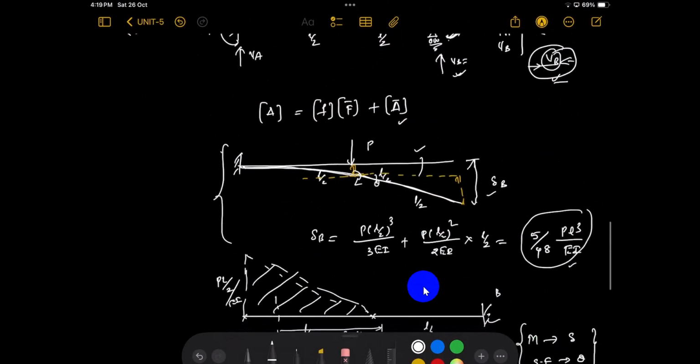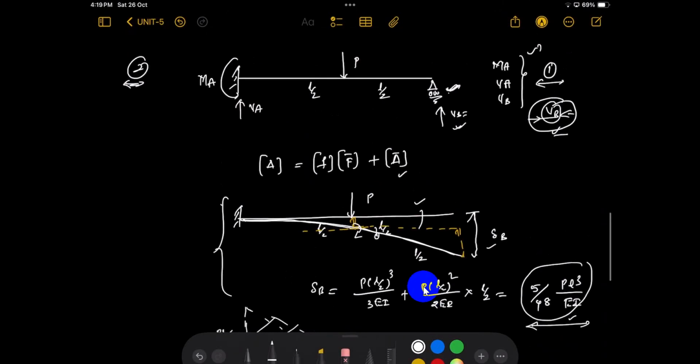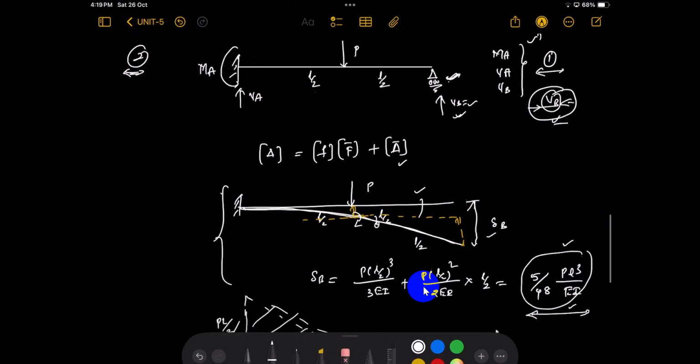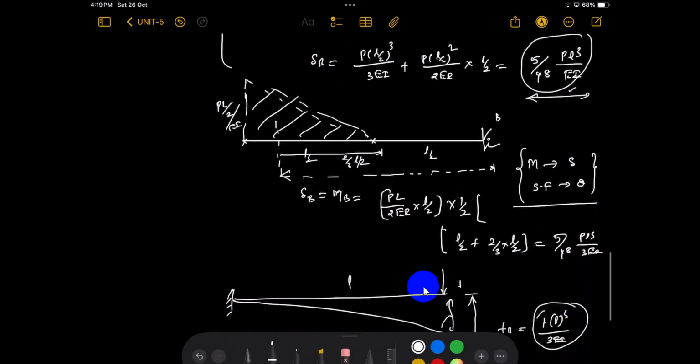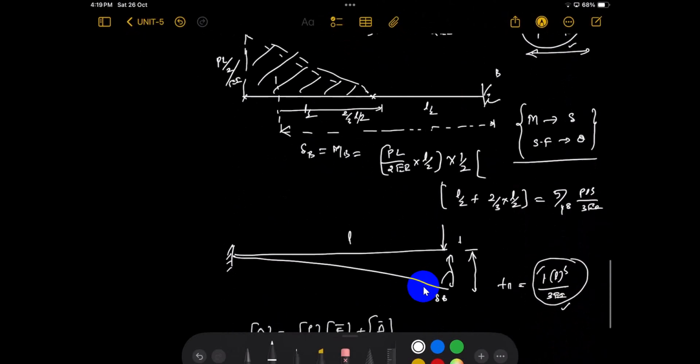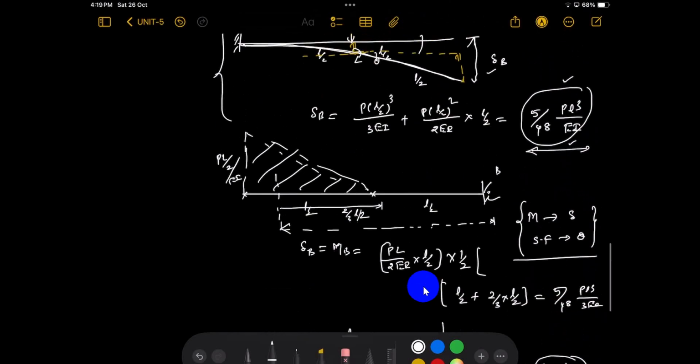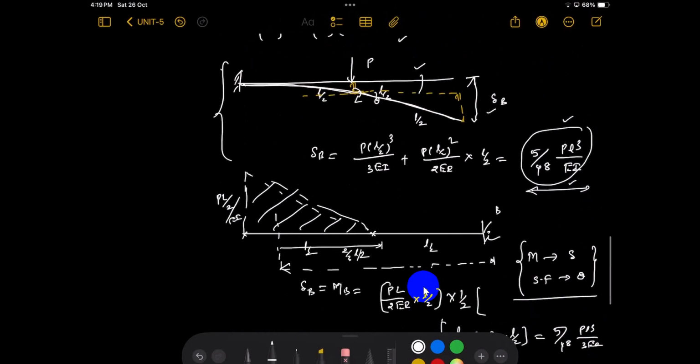If there is no support, you will get this much displacement. For unit force, you will get this much displacement. How much VB is generated to counteract this displacement and make it 0?